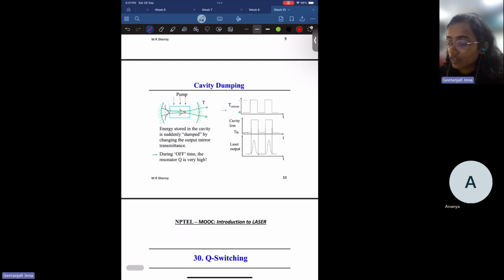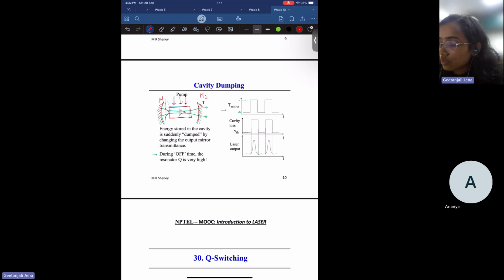As shown in this figure, these are the two feedback mirrors, mirror M1 and mirror M2, and there is the active medium and a pump. The laser oscillates back and forth between mirrors M1 and M2.